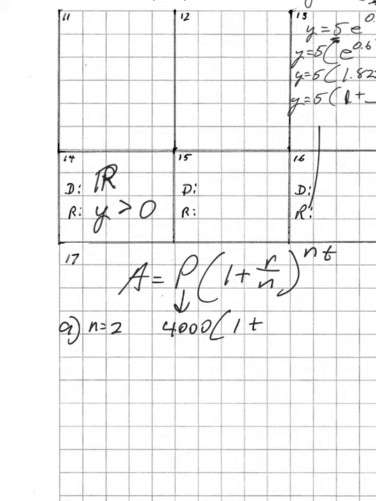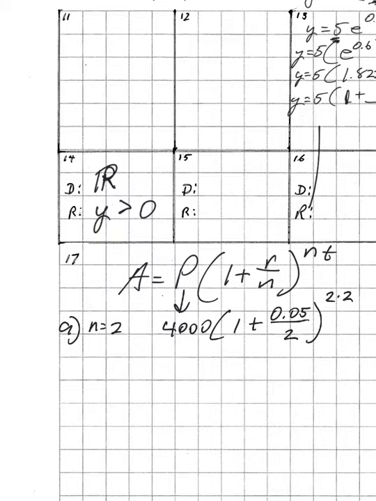All right? So the rate is 5%, 0.05, divided by 2, times 2 times how many years? Just 2.